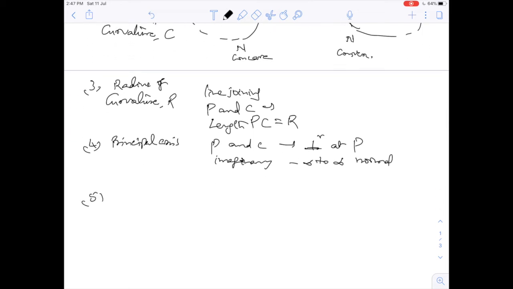Then we will have the principal focus or focal point.